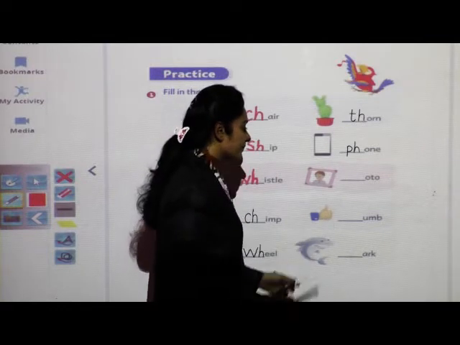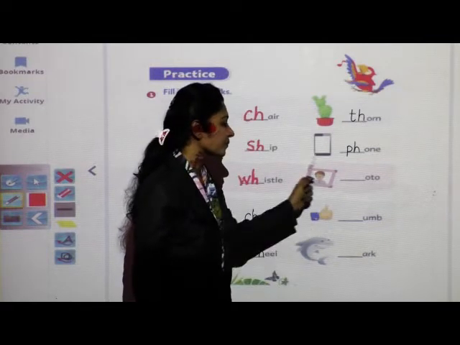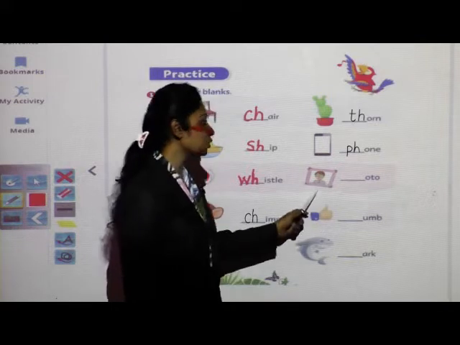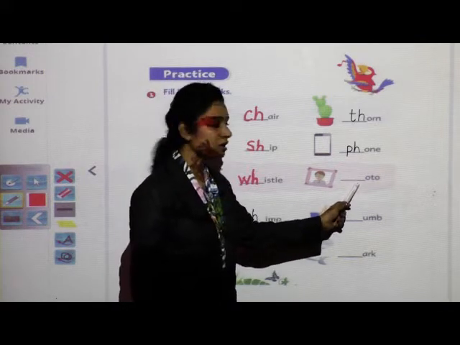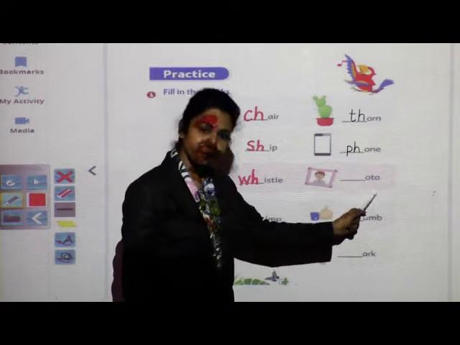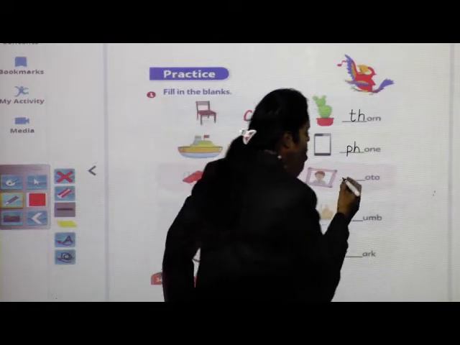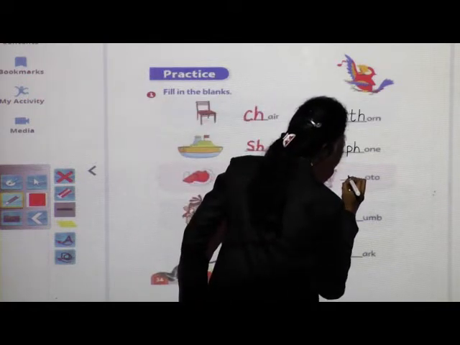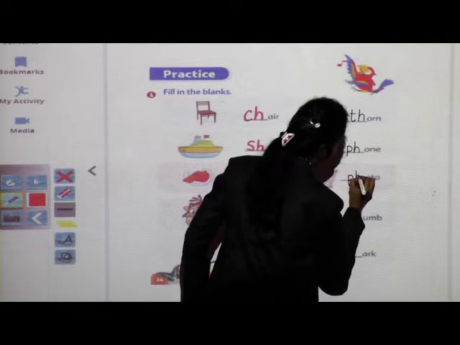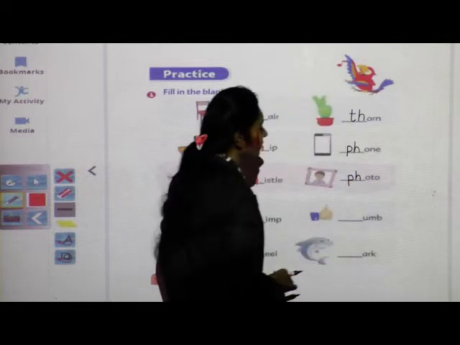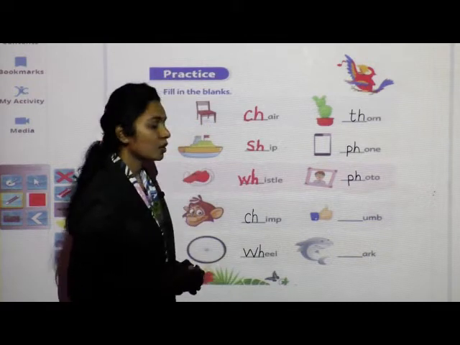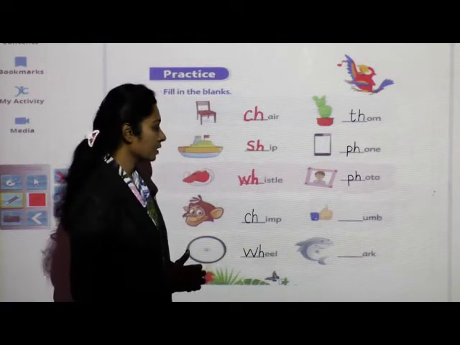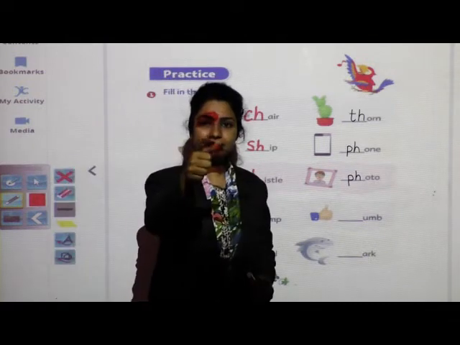Come to the next picture. What is this? This is a photo. Very good. So, what should we write here? Yes, right here, P-H-O-T-O, photo.